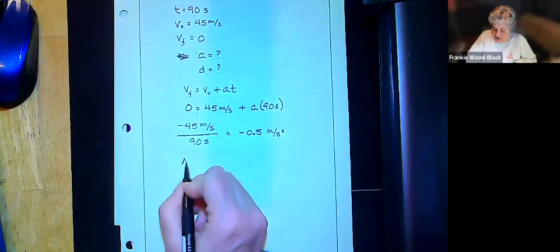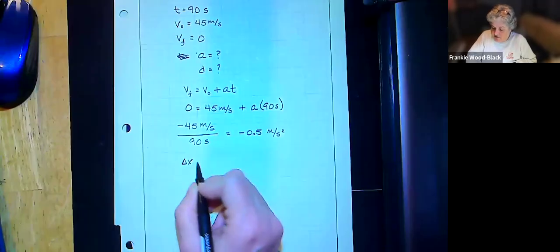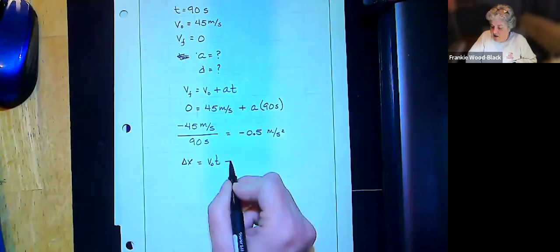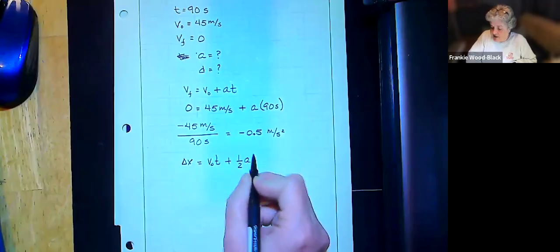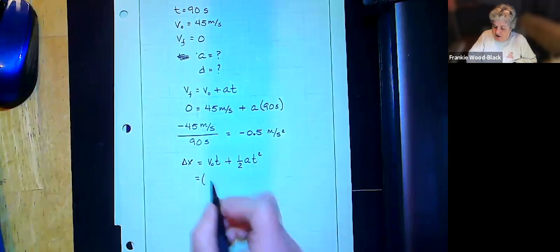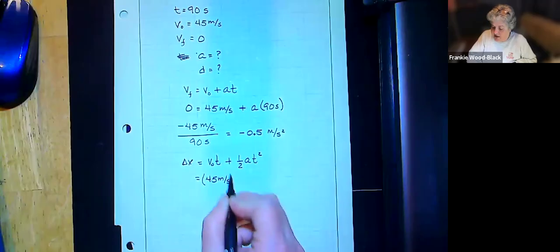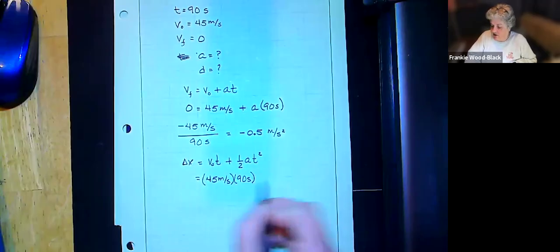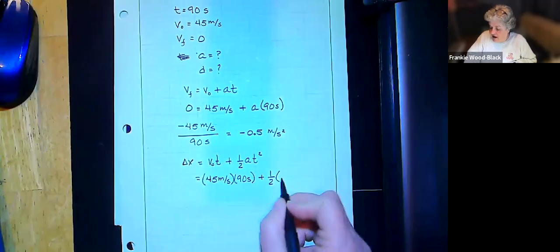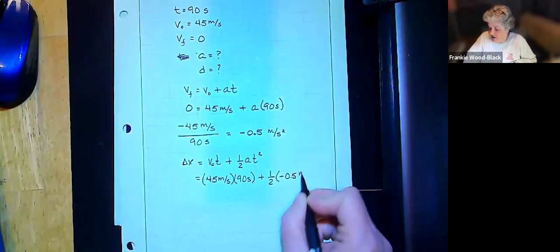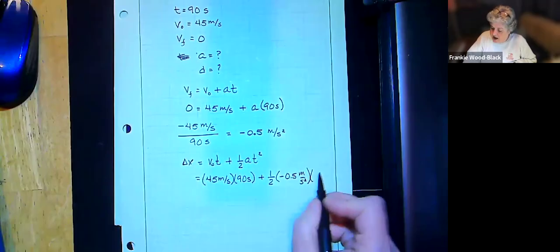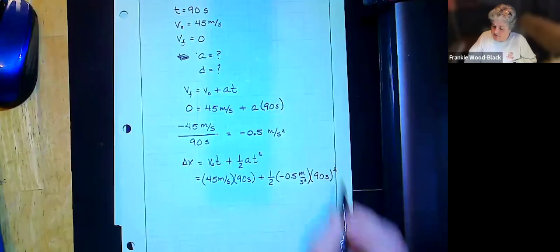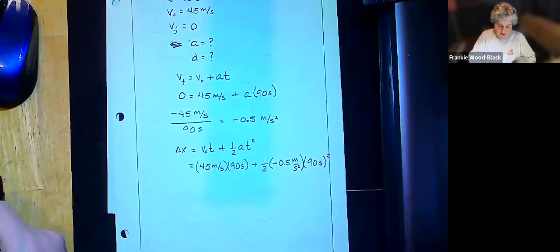So now I want to do my change in position. That's going to equal my initial velocity times time plus 1/2 my acceleration times time squared. This is going to be 45 meters per second times my 90 seconds plus my 1/2, a negative 0.5 meters per second squared times my time of 90 seconds squared. So 90 squared times 0.5 times 0.5.